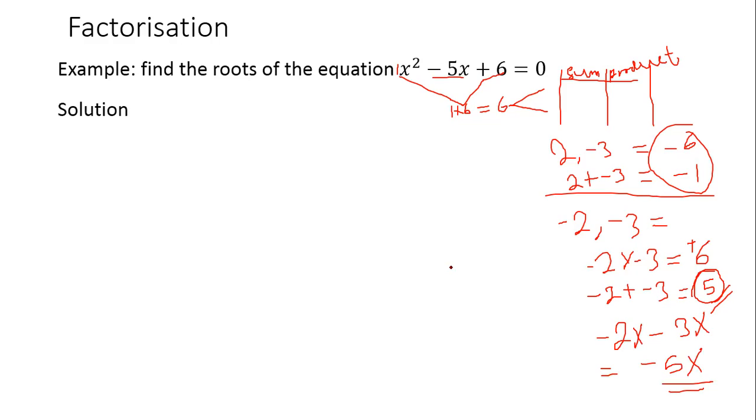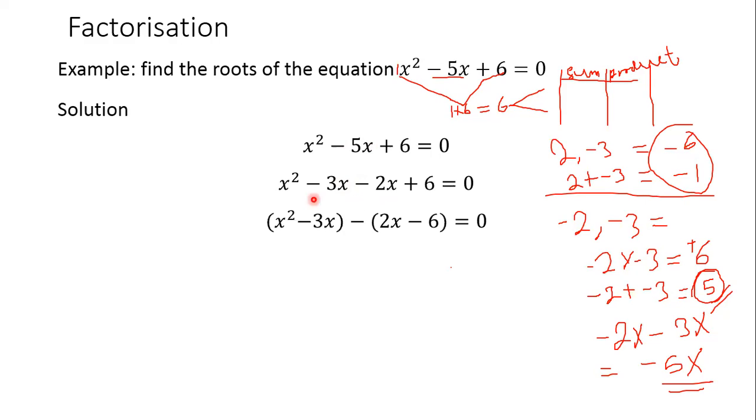So we'll write the equation again: x squared minus 5x plus 6 is equal to 0. So where there is a -5x, we are substituting it with -3x minus 2x, because -3x minus 2x gives us -5x. Is that okay? Yes.